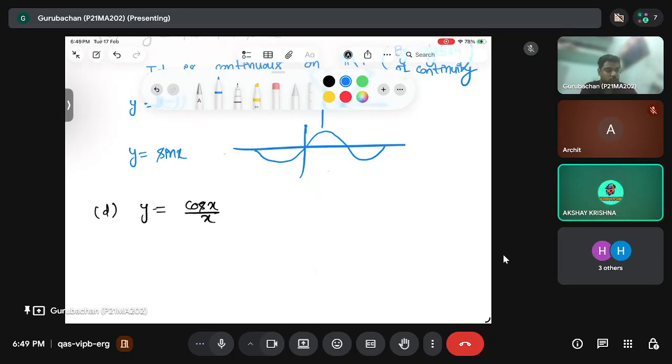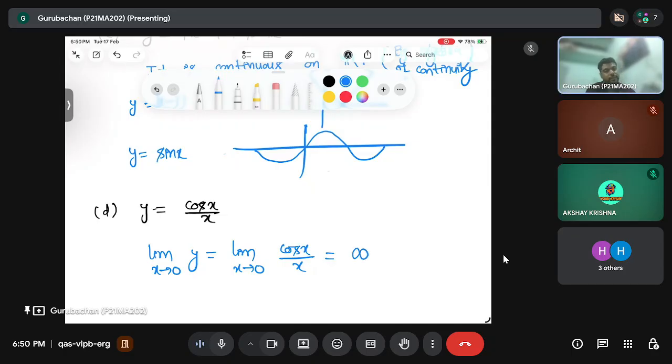Discontinuous at 0. Okay. Why? Because upper side is 1 and below side is 0, so infinite. So if I would say limit x tends to 0, will it exist? No, it is infinite. From both the sides?